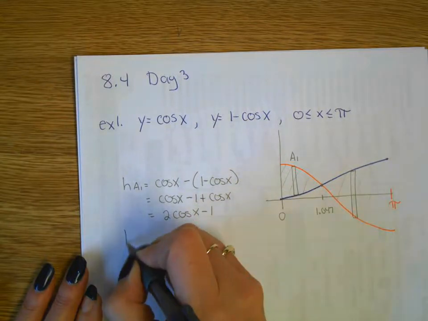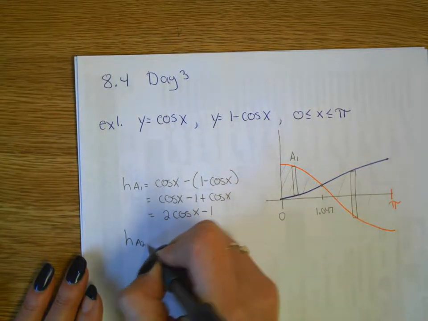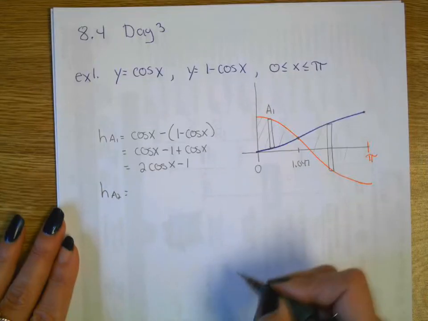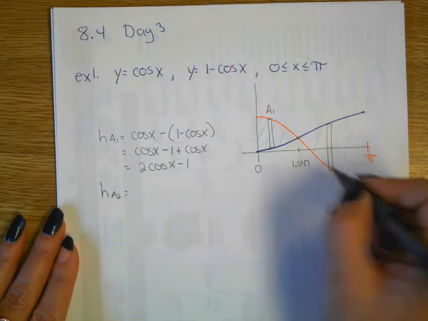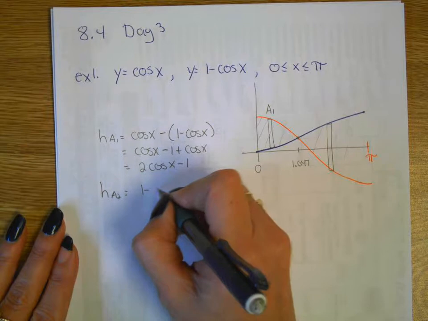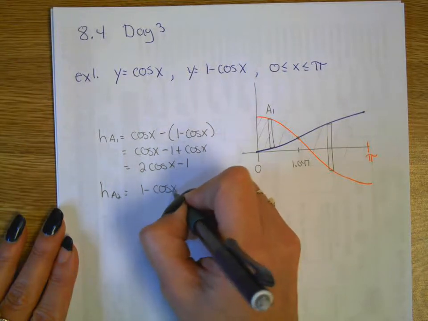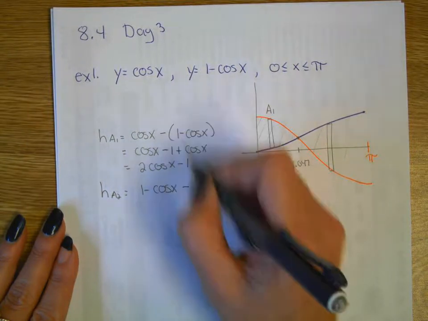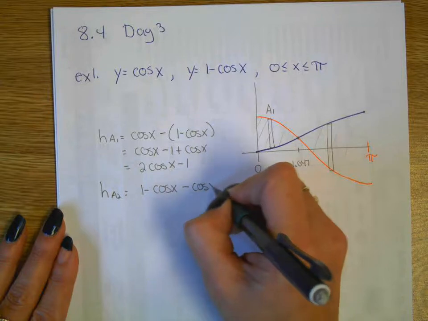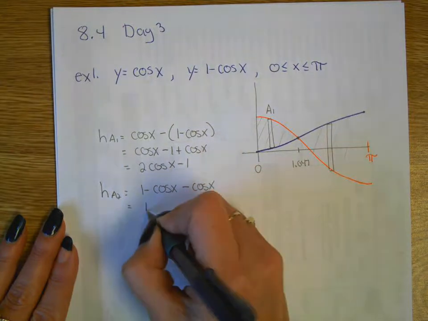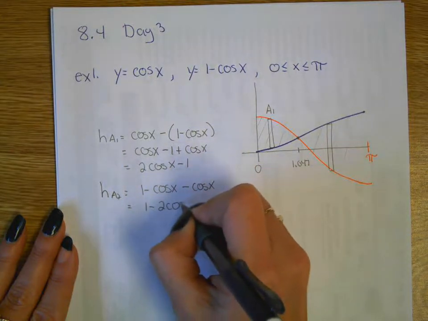Now for area 2, well, the height of my rectangle is blue minus orange. So that'll be 1 minus cosine, that's the blue, minus the orange, which is cosine. Simplifying, I get 1 minus 2 cosine x.